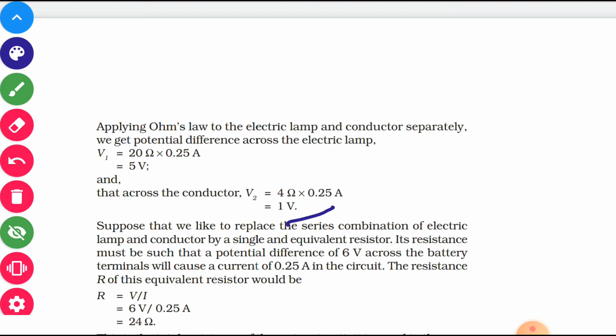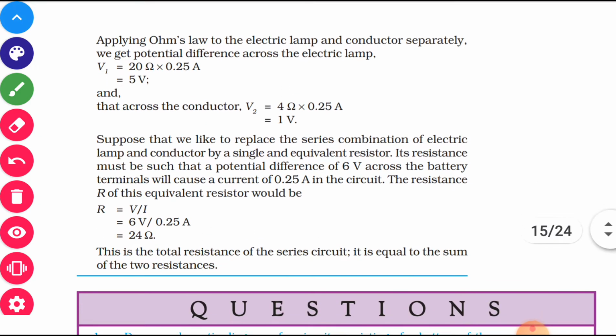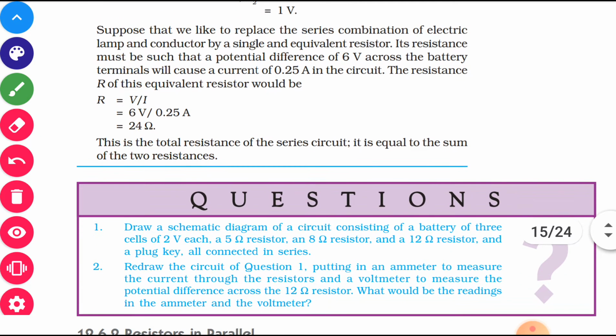And if you want to find the potential difference across the bulb, the bulb has 20 ohm resistance, so 20 ohm multiplied by 0.25 gives 5 volt across the lamp, or across the bulb, whatever name you give. And the voltage across the conductor will be the resistance of the conductor multiplied by current. So you will easily be calculating it. It's too easy to find.